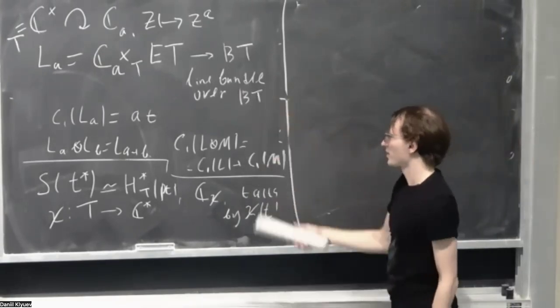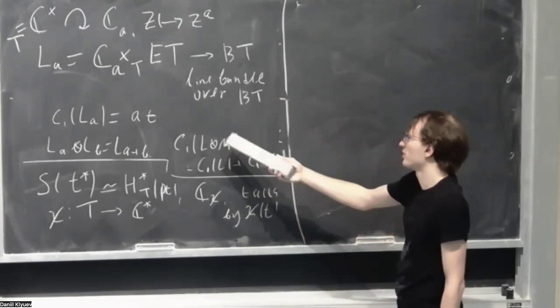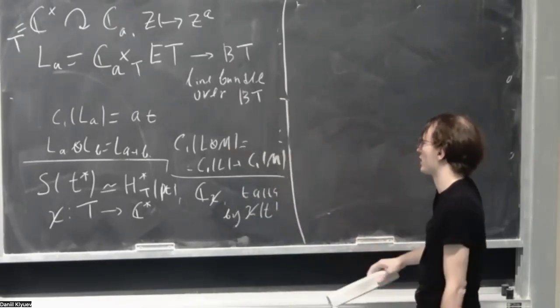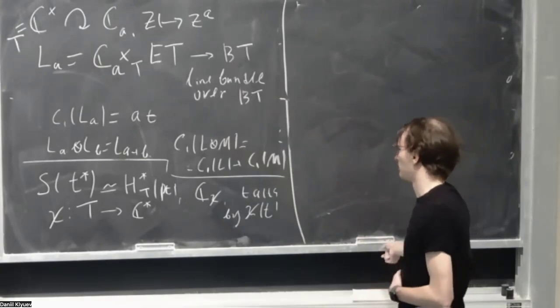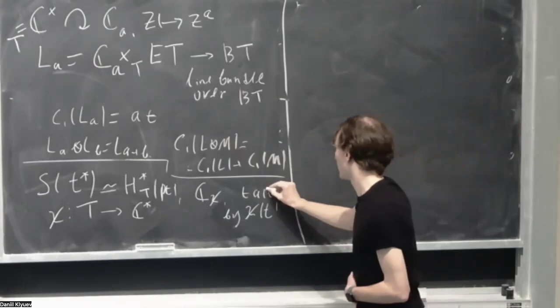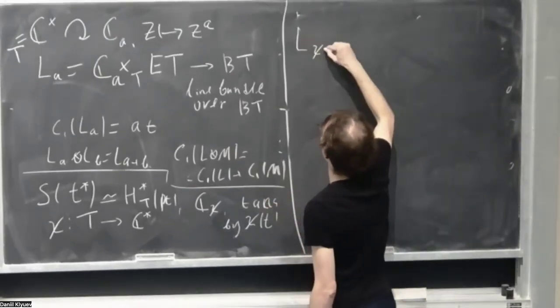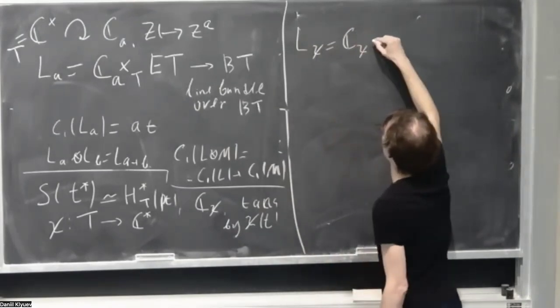This fact is easier to see but unmotivated. This one is harder to see but proved essentially in the same way. So we form L_chi, which is C_chi cross_T ET.